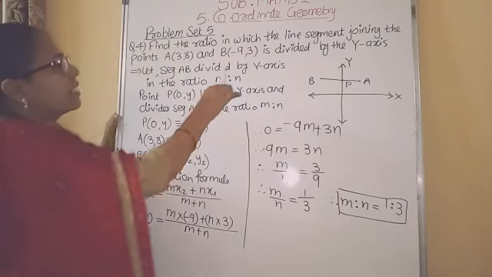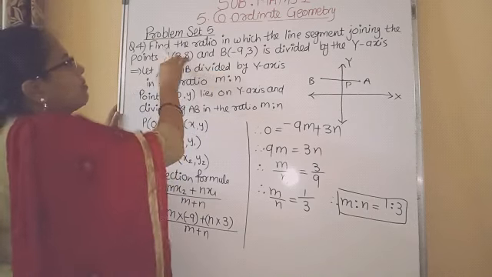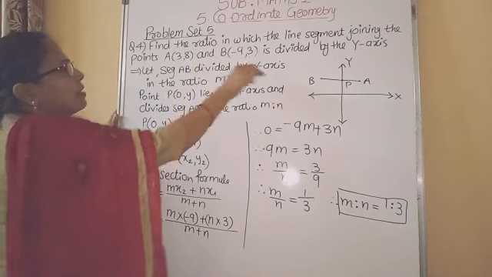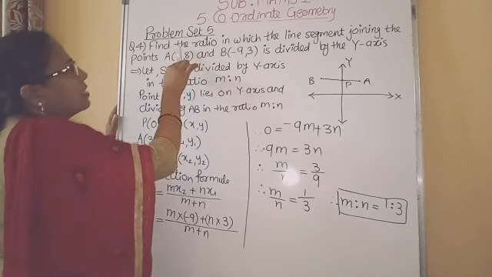Follow the answer. Now we will write the answer in the statement. Find the ratio in which the line segment joining the points is divided by the y-axis. So we will write the answer.